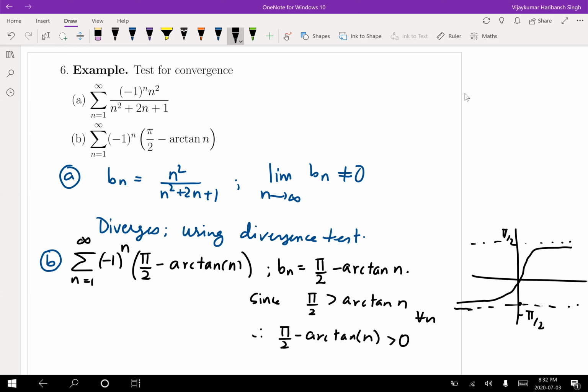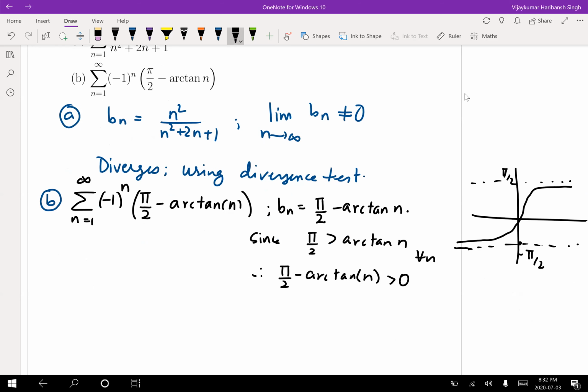Why do we need this? Because first we need to establish that it's a genuine alternating series, right? So Bn is greater than 0, therefore this is an alternating series. Just because it's an alternating series doesn't mean it will converge, right? We have to check whether it satisfies the conditions for convergence.